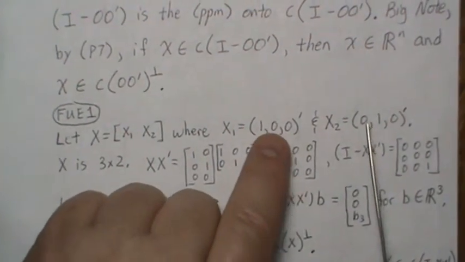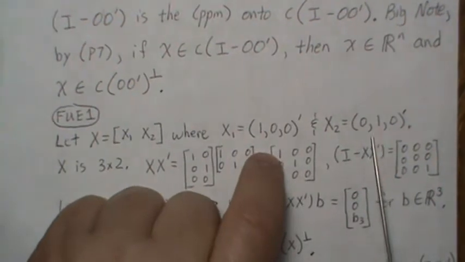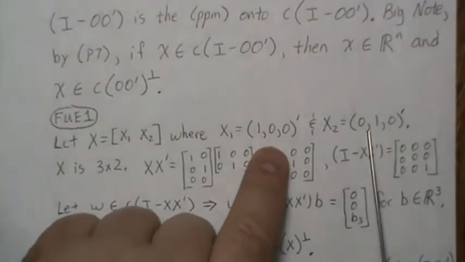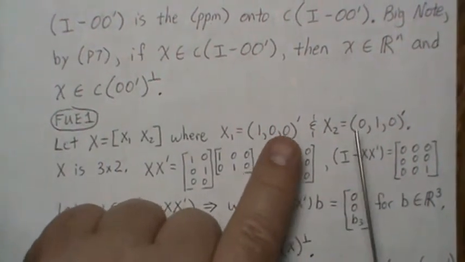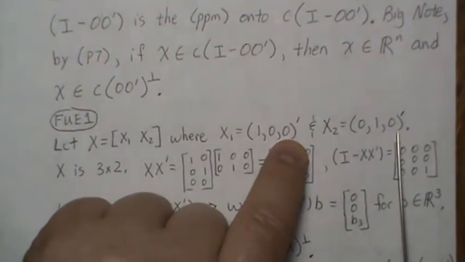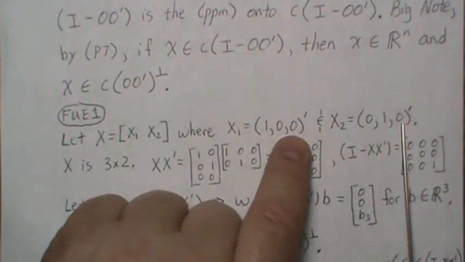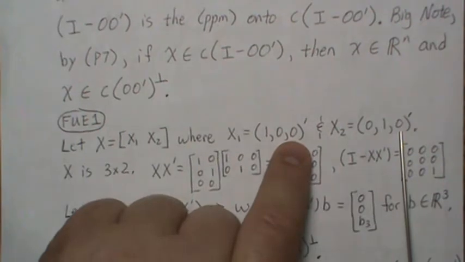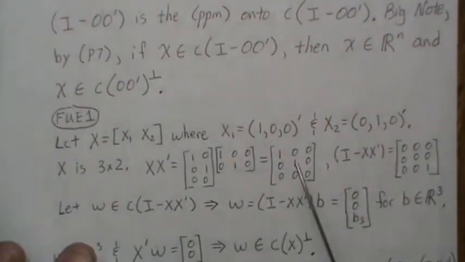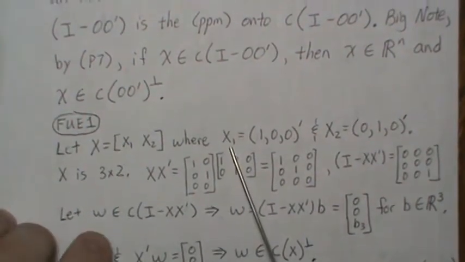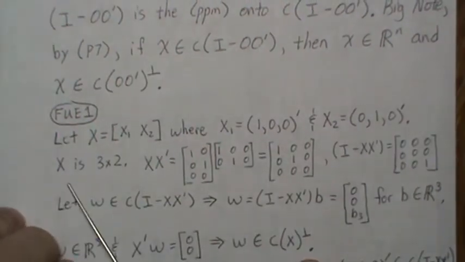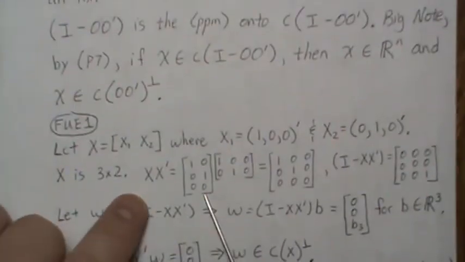Notice that those are already orthonormal to each other, and what they span is the X1, X2 plane, because the third component is 0. So these span the X1, X2 surface. So X is a 3 by 2 matrix.